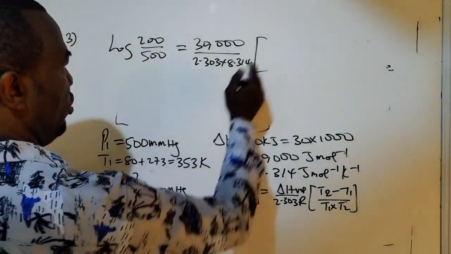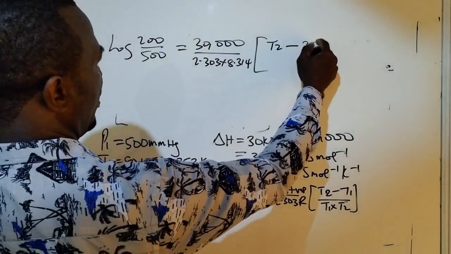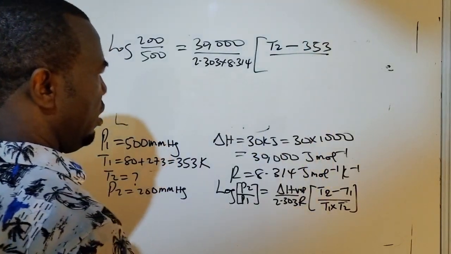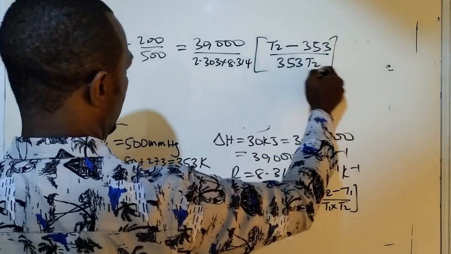The value of T2 is unknown. The value of T1 is 353, all over 353 times T2, since T2 is unknown.